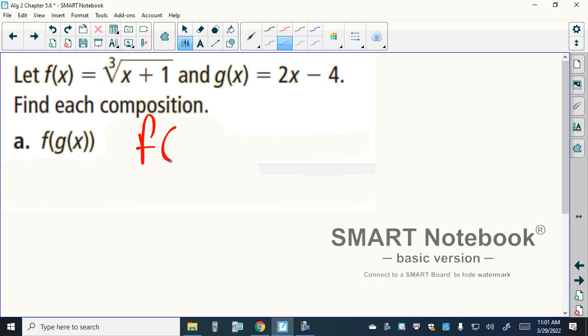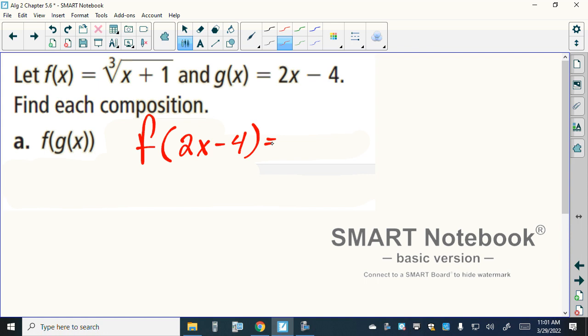What's g of x? If it was me, I'd just start here. Go on and replace g of x with what it is. Because g of x is our 2x minus 4, so I replace it with 2x minus 4.